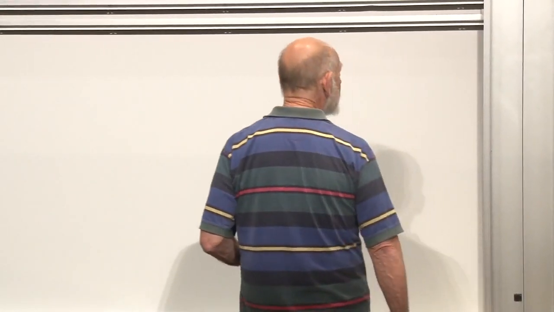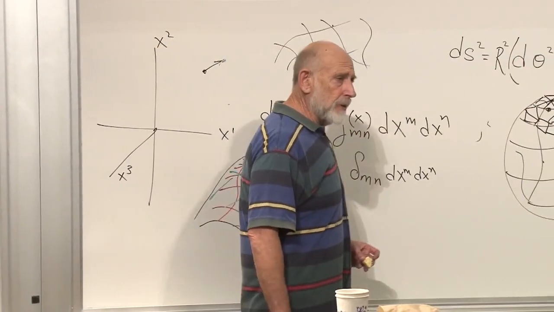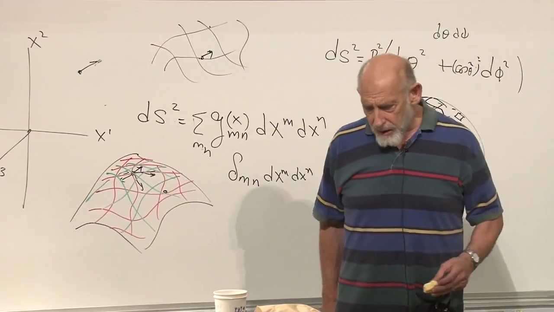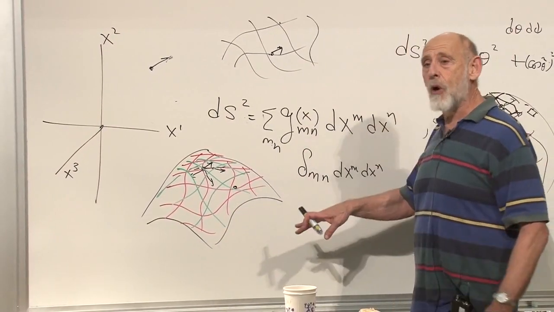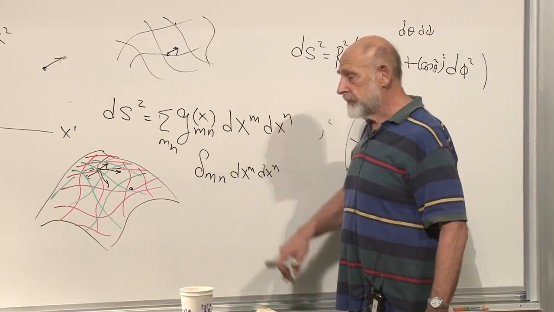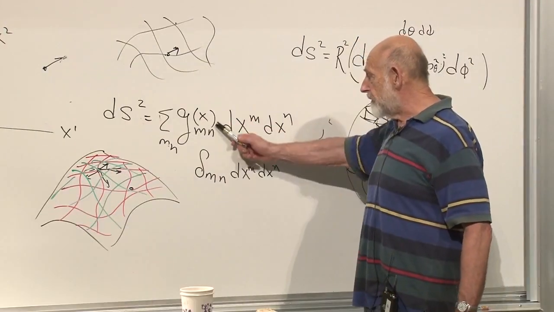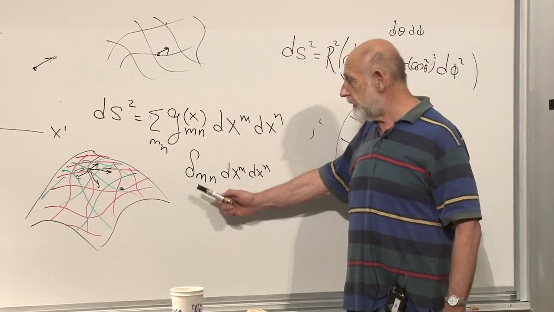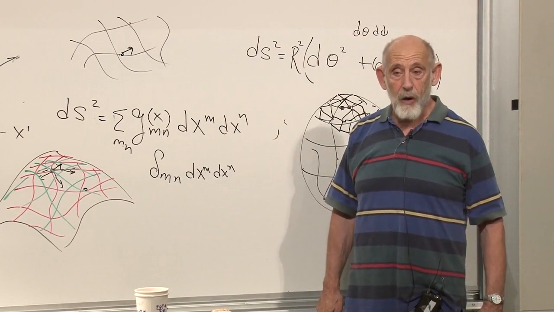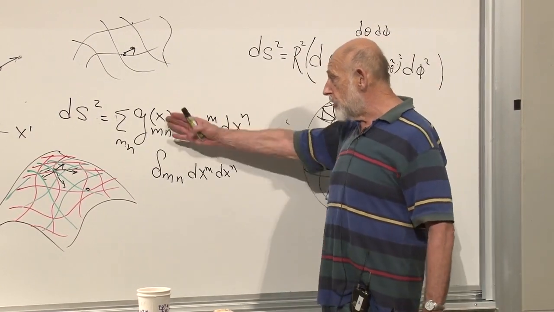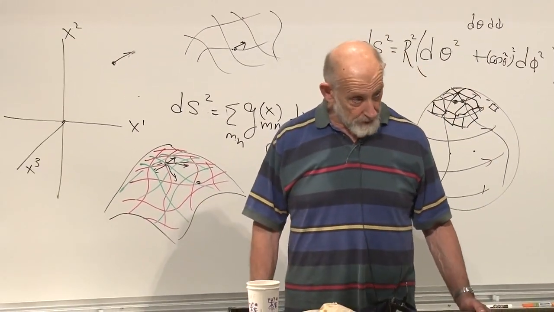Okay, so obviously the first question we would like to ask in trying to determine whether we can transform away g_mn of x and turn it into the trivial delta_mn, is, how does g_mn of x transform when you change coordinates?